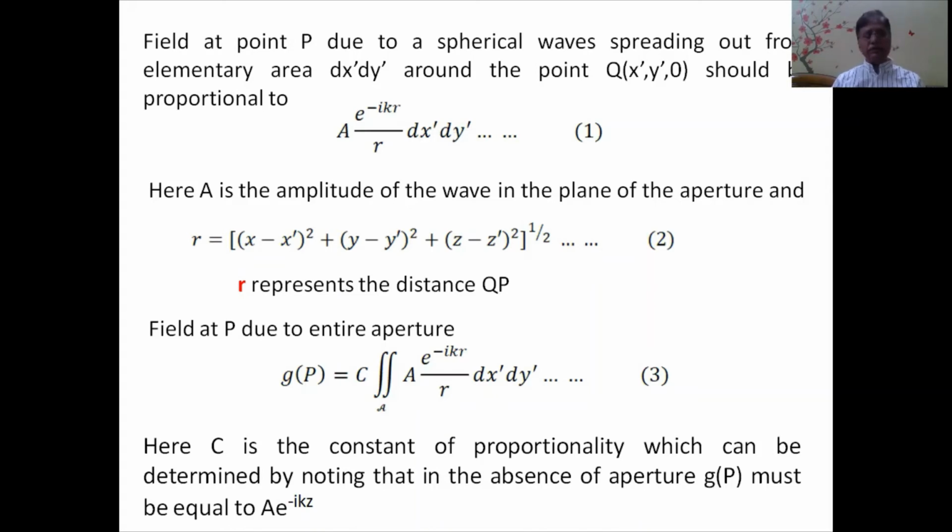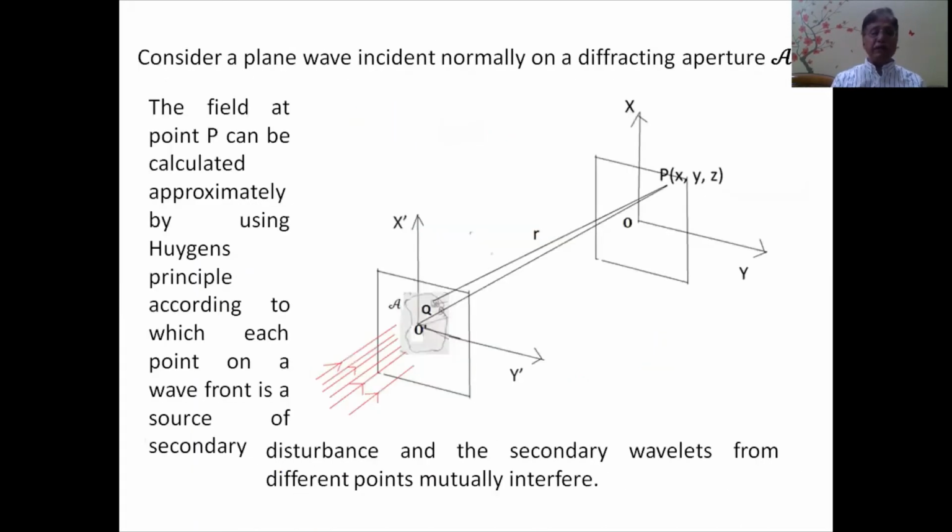Here C is the constant of proportionality, which can be determined by noting that in the absence of aperture, the field at point P must be equal to A e to the power of minus i k z. Naturally, if there is no aperture, then the plane wave that we have considered would propagate as it is and reach this point. And we know that in a plane wave, the amplitude remains constant as the wave propagates in the medium.